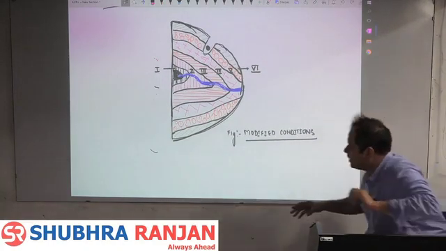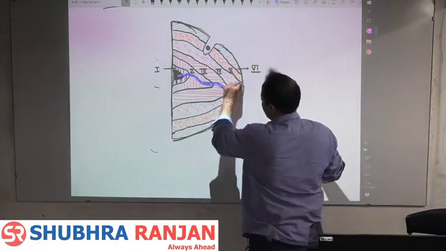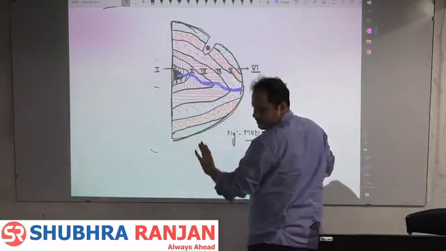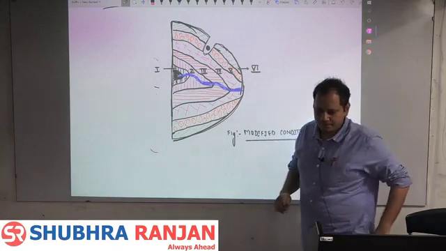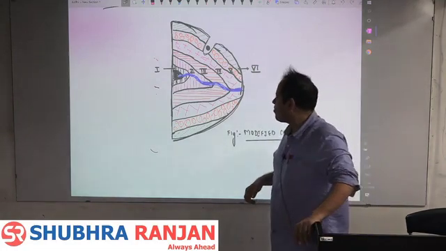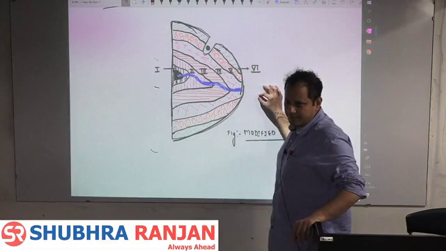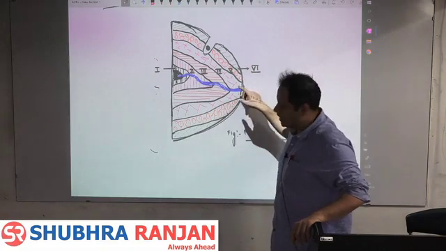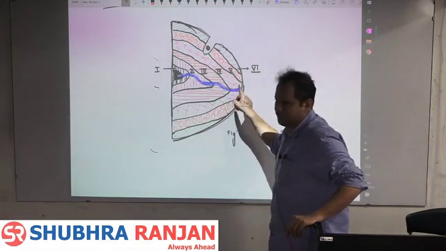See, it is not wrong if you bring it all here, even that is right. The only thing is it will not combine, so there has to be some gap. Don't draw it such that everything combines at a single point.